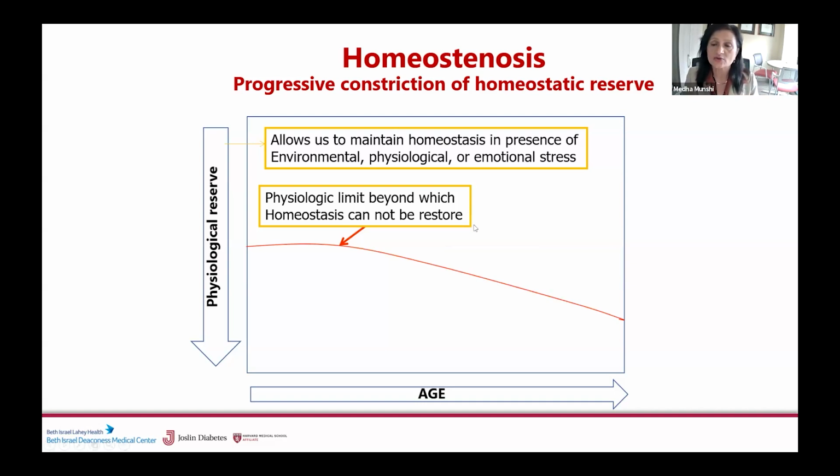with age. So you can imagine a stressor of a certain magnitude, and this could be trauma, pneumonia, or hypoglycemia. If it happens at an earlier age, then the body can restore homeostasis when it is resolved. With the same magnitude of stressor, if it happens at a later age, the body is not able to go back to homeostasis.